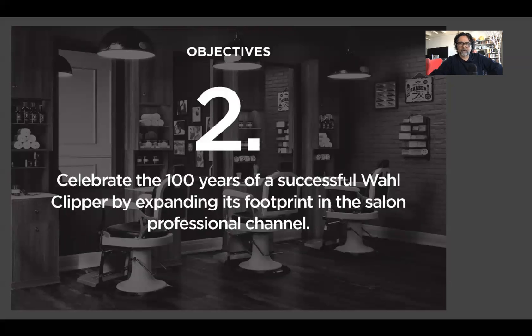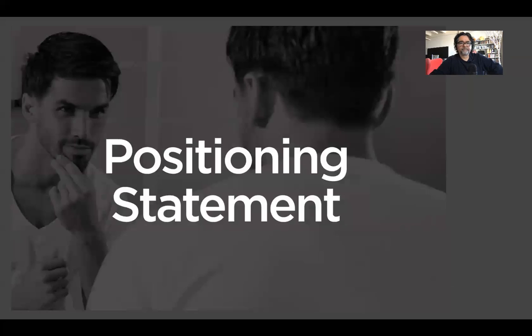Another objective was to fold in the 100-year celebration of the Wall clipper and use that achievement as their permission to go even further within what they offer the professional and delve into this grooming category that lives within the barbershops, just like they do with their clippers.